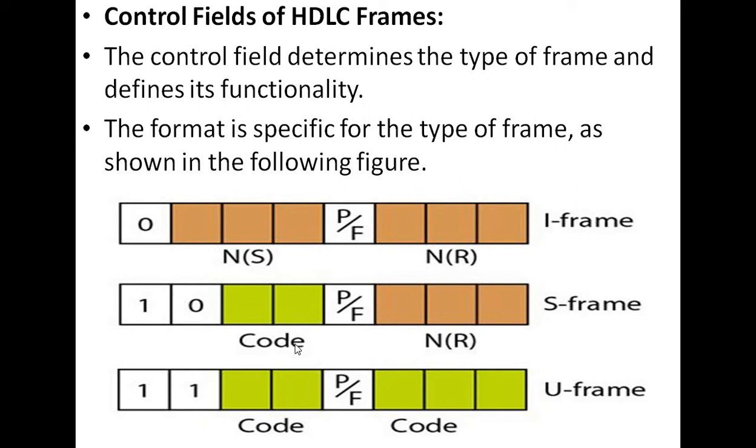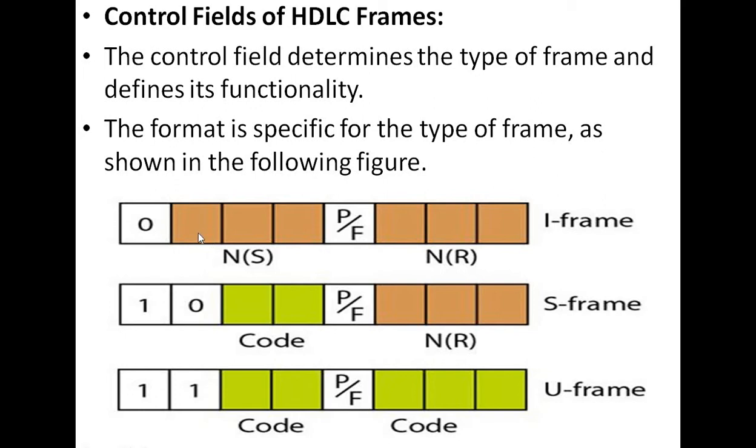The first bit defines the type. If the first bit of the control field is 0, that means the frame is an I frame.